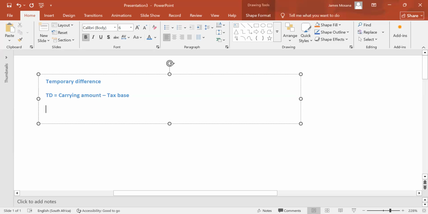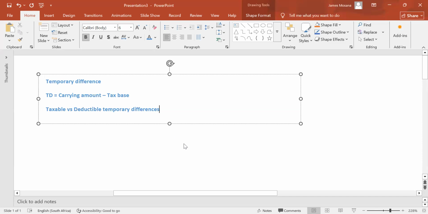Then what we are going to do is classify, right? In essence, what I want us to achieve is taxable versus deductible temporary differences. Remember, all this falls under the big heading deferred tax.